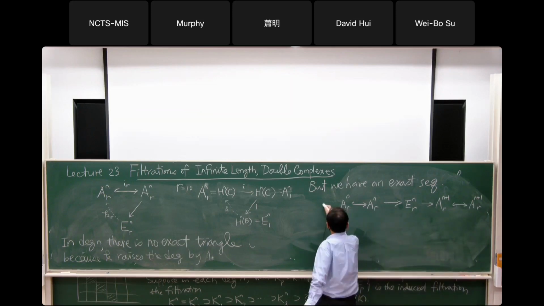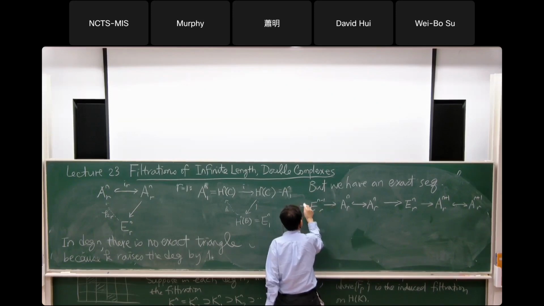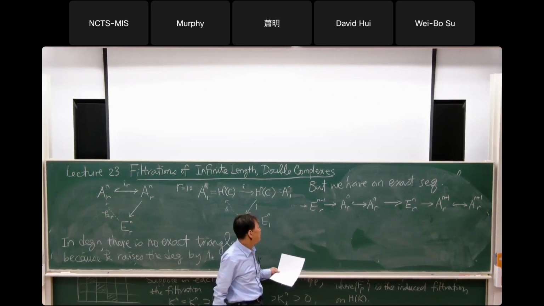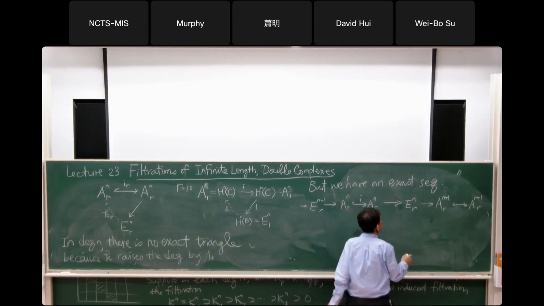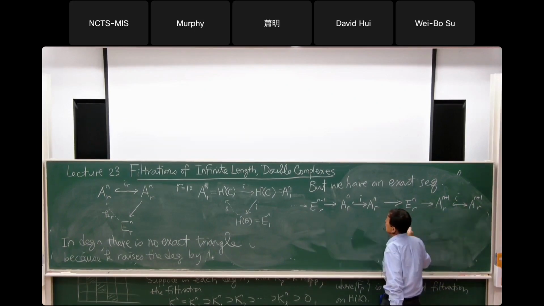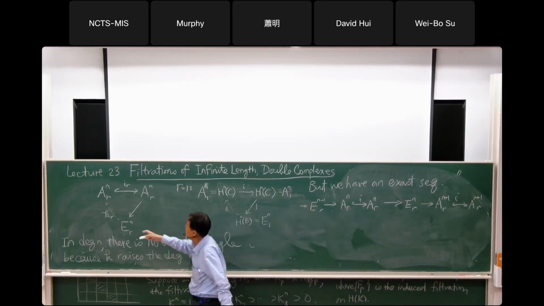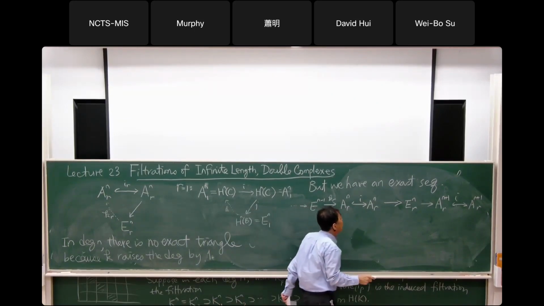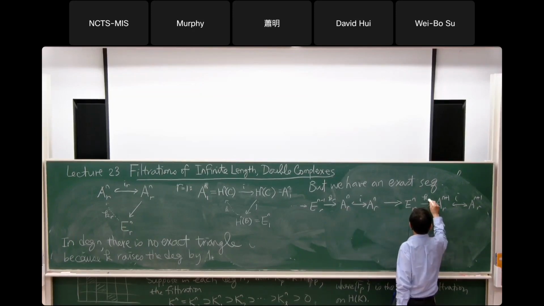And this will come from E_{n-1}^R, okay? So instead of an exact triangle, you have an exact sequence. And then this map is I. This is I. And this map is this map, K^R. Okay.